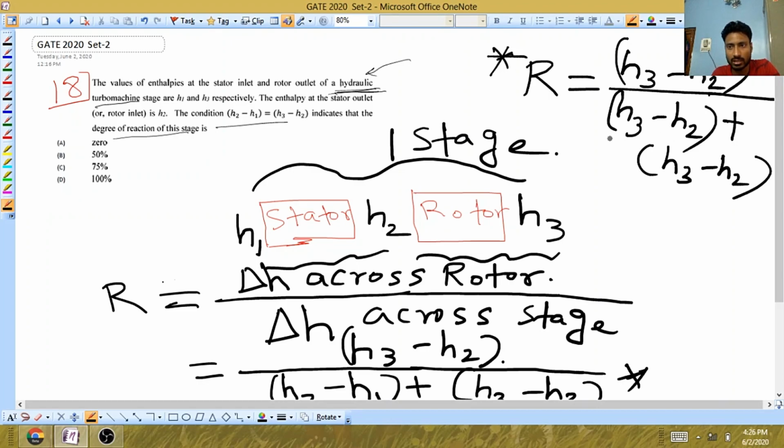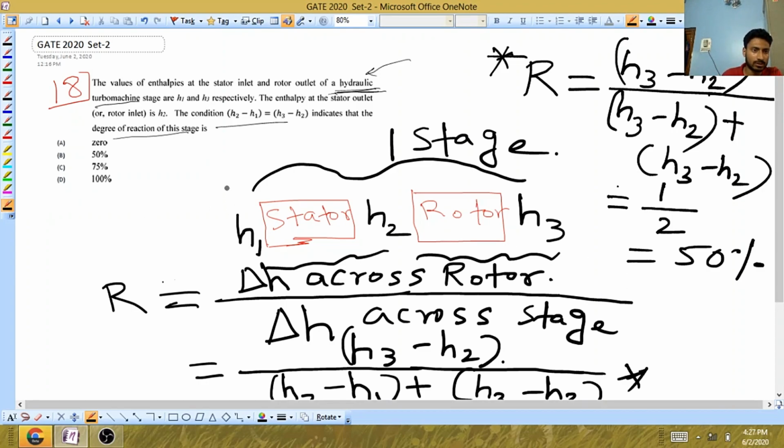In the numerator as well as the denominator, you can see H3 minus H2 is common. So this will be 1 by 2. 1 by 2 is what? 50%. So the answer for this will be B.